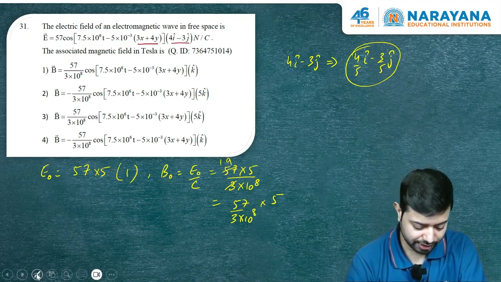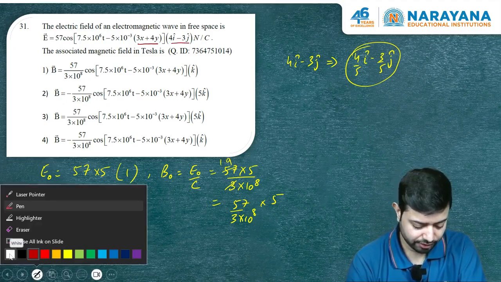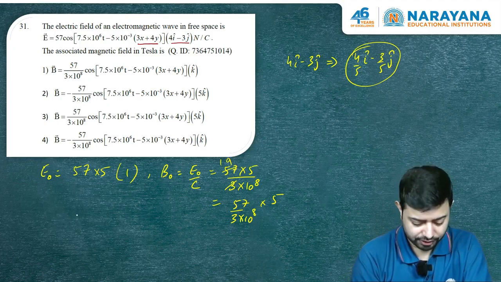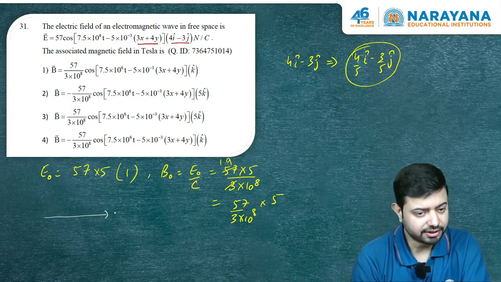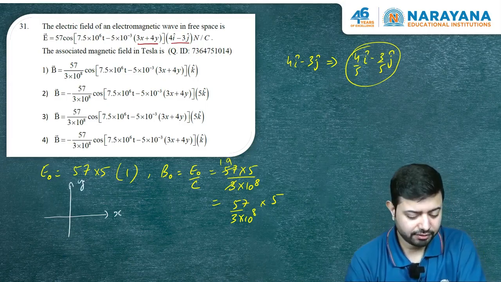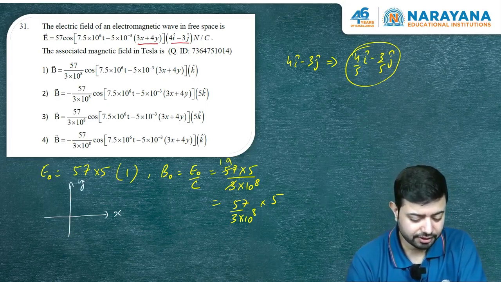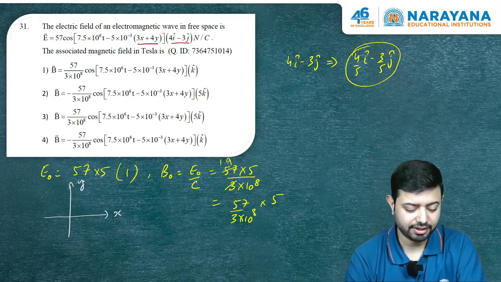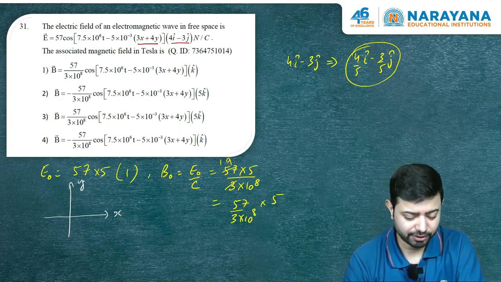You can see what is happening over here. If I draw this pattern, suppose this is the x direction and this is the y direction. Where is the k vector? The k vector direction is given by the inside bracket part, 3x plus 4y.